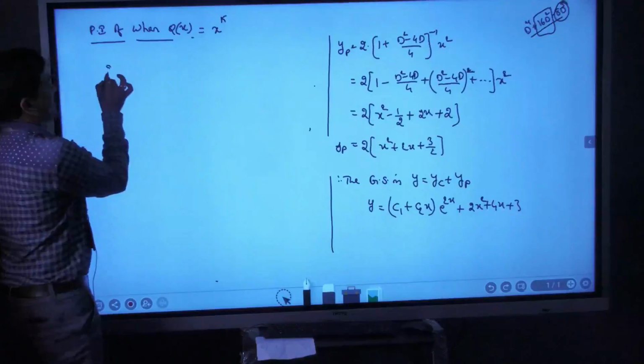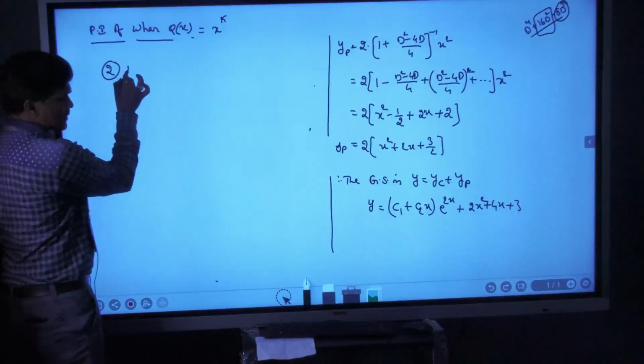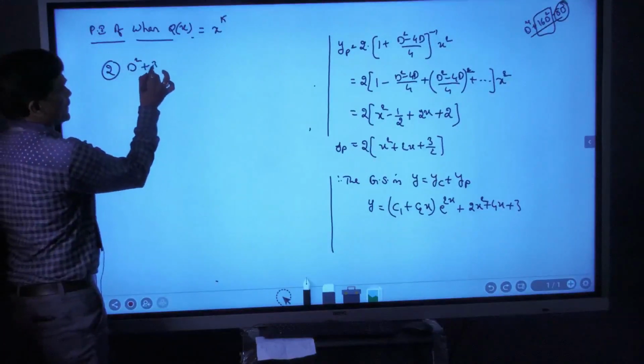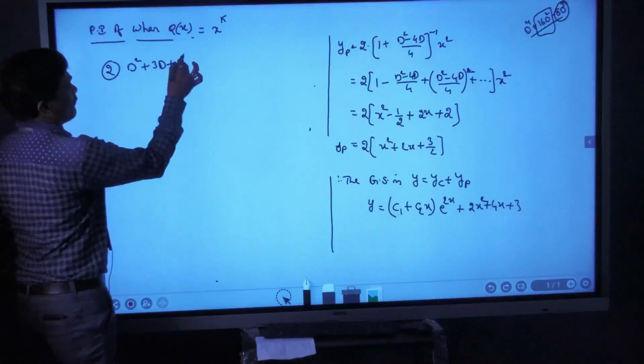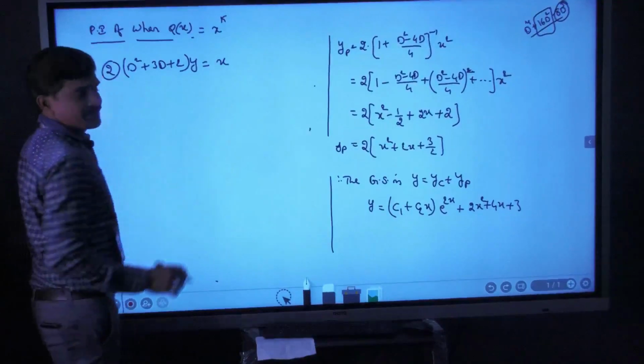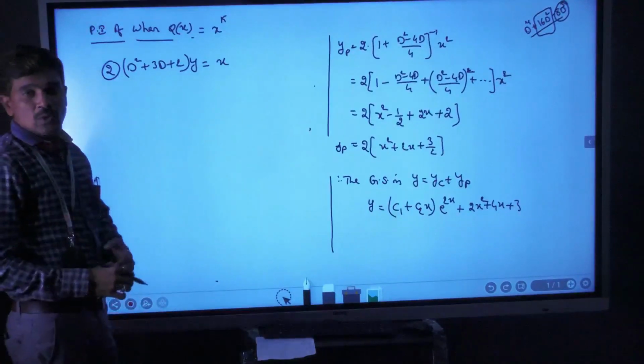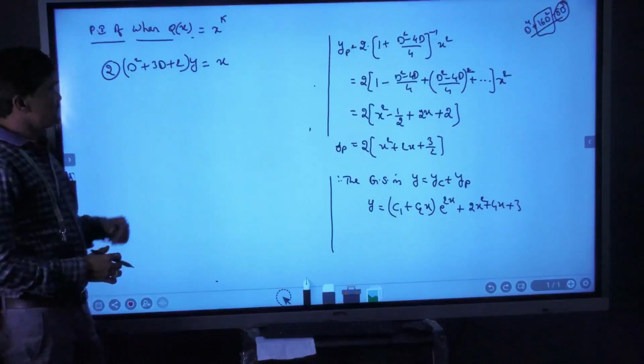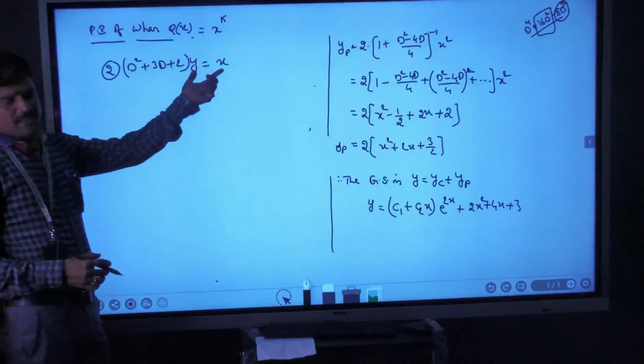Suppose second one, d square plus 3d plus 2 of y is equal to x. That is f of d into y is equal to x, right? Q is x.